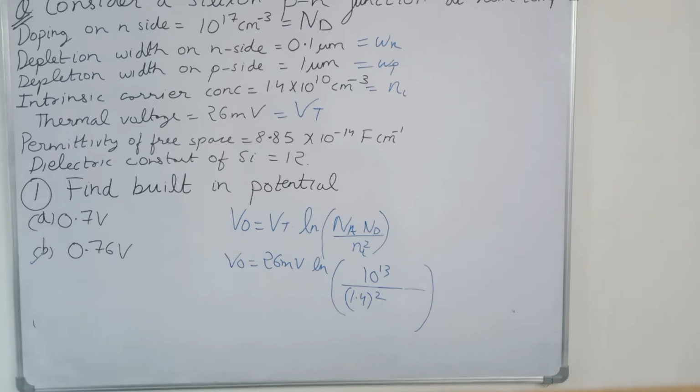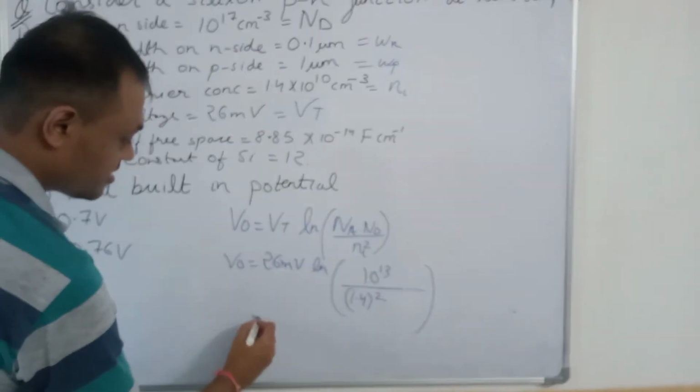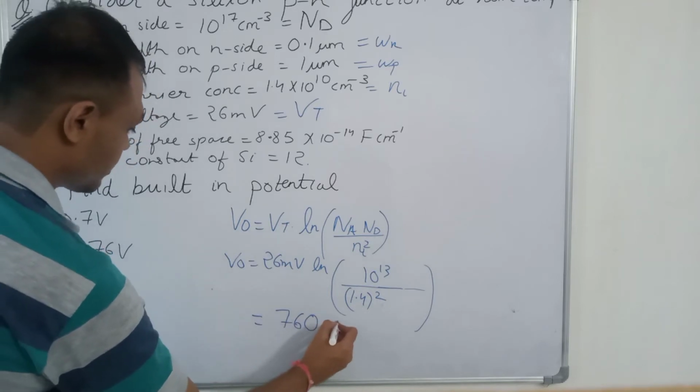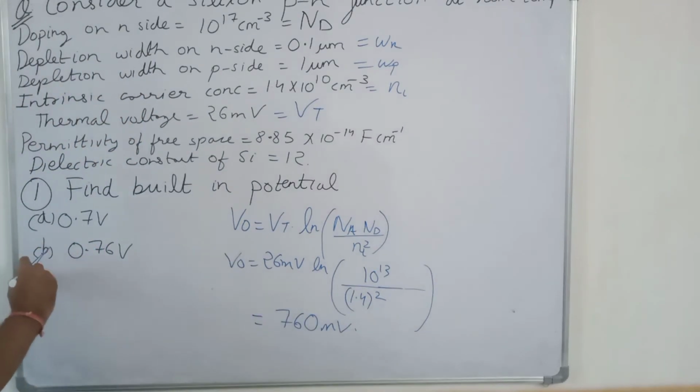This will be equal to 760 millivolt, or 0.76 volt. So 0.76 volt is the correct option among the 4 given options.